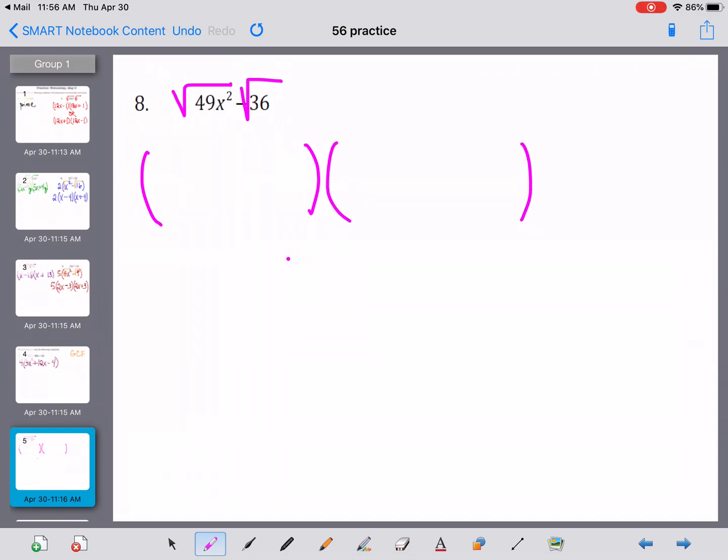But as we have seen on some previous problems, the square root of 49 is 7. The square root of x squared is x. Square root of 36 is 6. Difference between two squares, different signs. And there we've factored 49x squared minus 36.